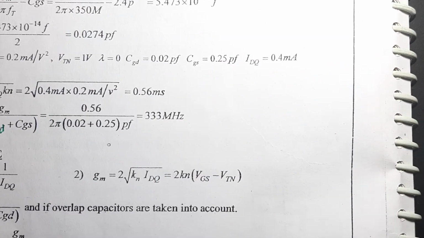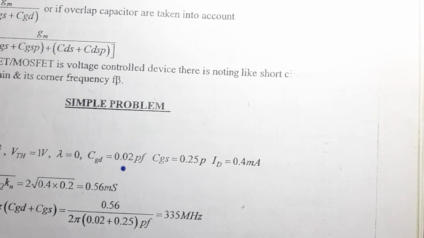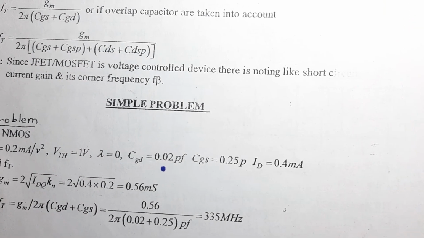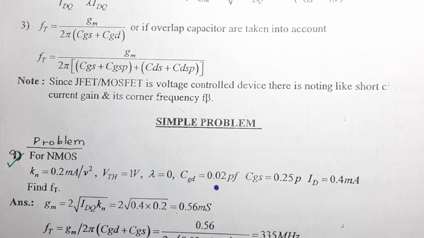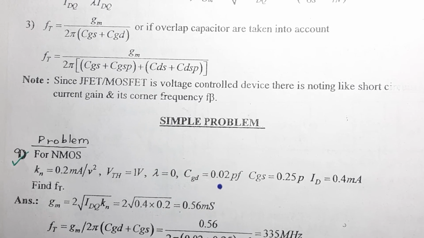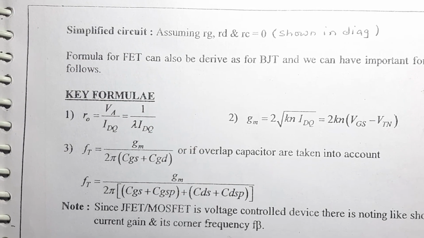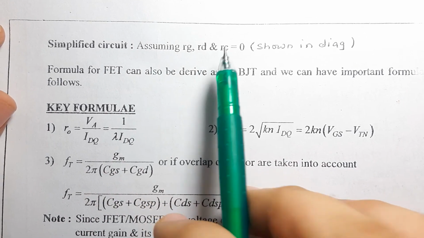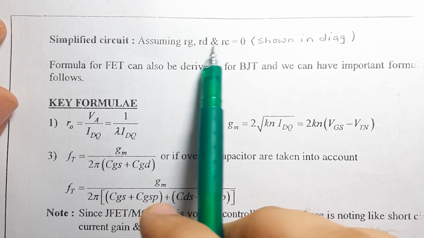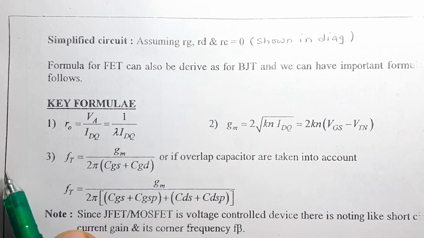Now in your simplified circuit, we assume that RG, RD and RS are equal to 0, which was shown in the previous diagram.